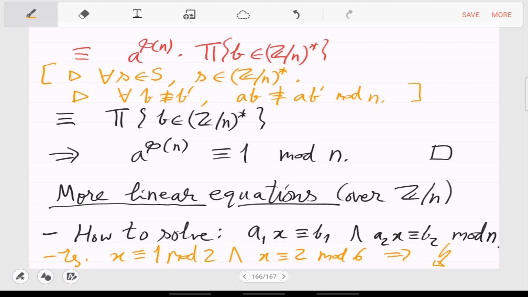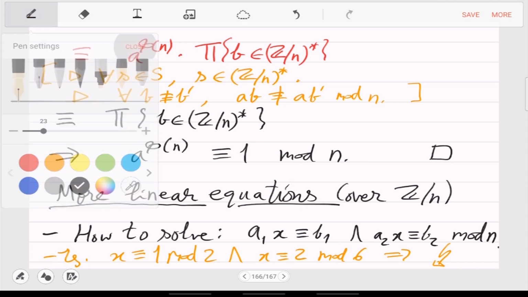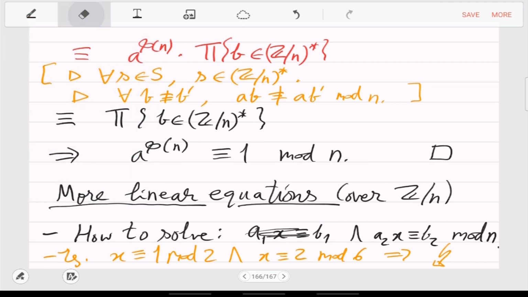Actually, I should have made it more general. Maybe I made a mistake. This should have been by a different number. So A1x congruent to B1 mod m. So that is the first equation, and this is the second equation.